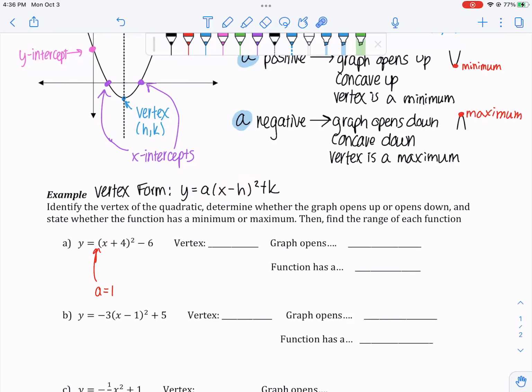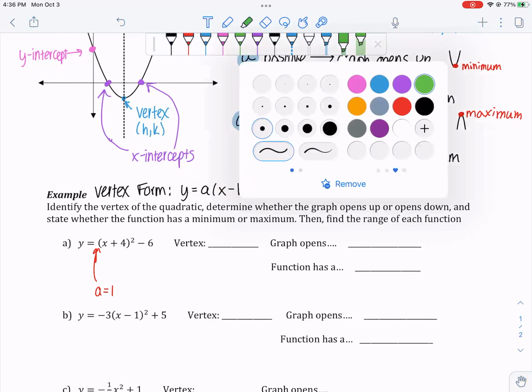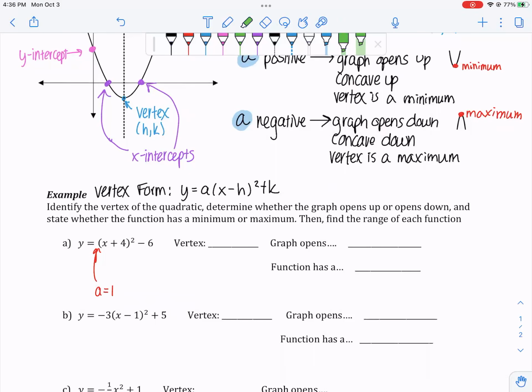Notice in this formula, it's minus h, which means that you're taking the opposite sign. If it says minus h here, we're looking at the opposite sign of what we see.